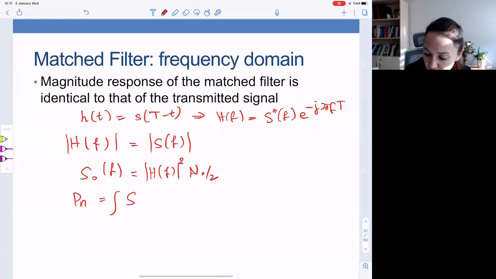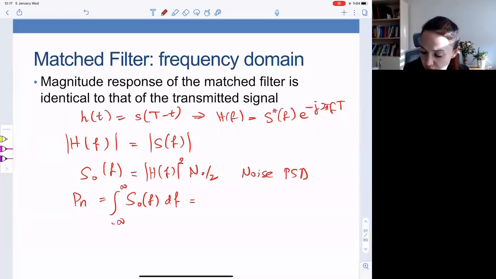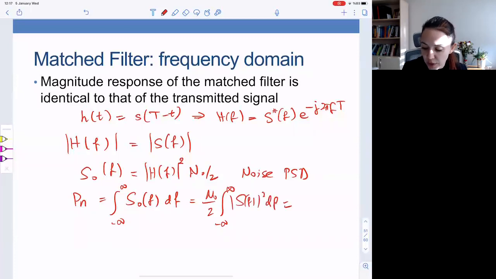So the total noise power, which can be found by integrating this noise PSD over all frequencies, is basically very simple: N0 over 2 times the integral from minus infinity to infinity of S of f magnitude squared df. But what is S of f integrated?